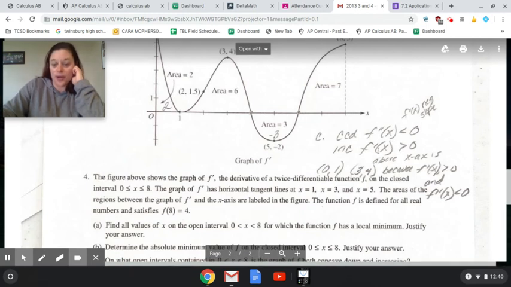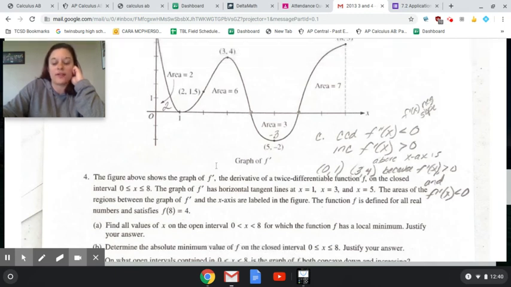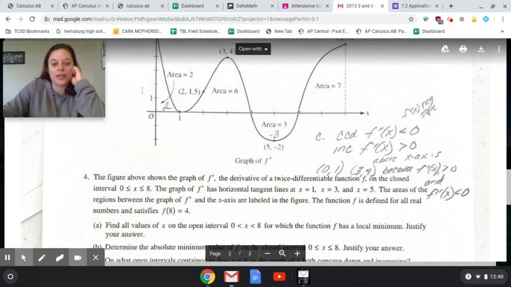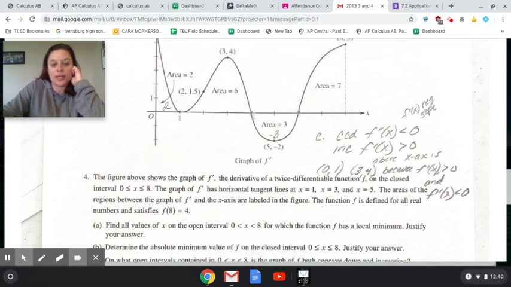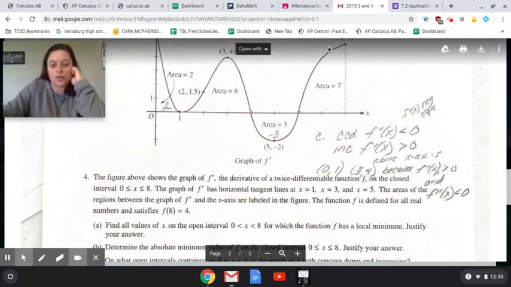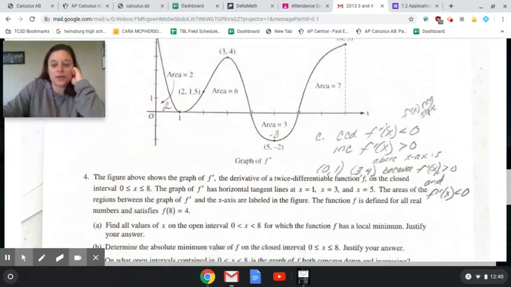Increasing, derivative greater than 0, means that in this picture it would have to be when the graph is above the x-axis, because this is a graph of f prime. So I'm looking at everything here from 0 until we get here at 1, 2, 3, 4, and then again from 6 to 8. So those are my potential because those are increasing. And then concave down means my second derivative is negative.